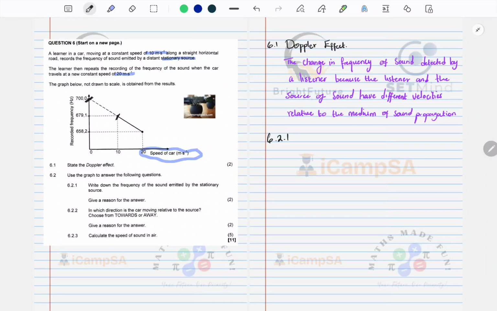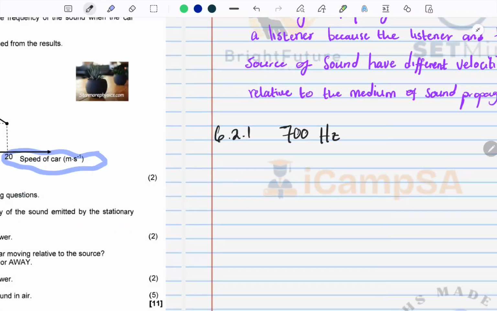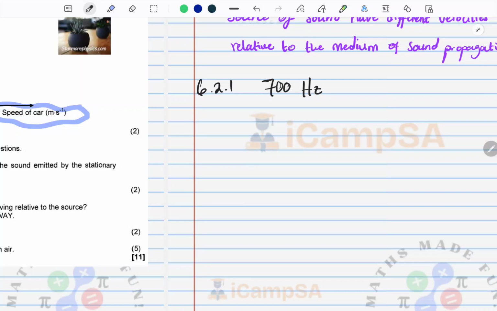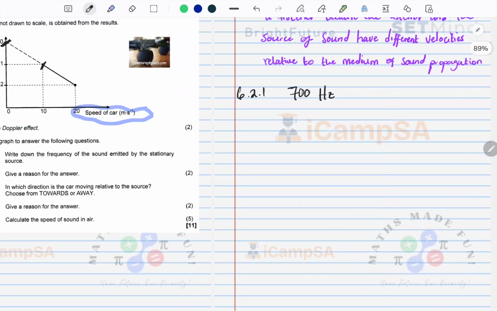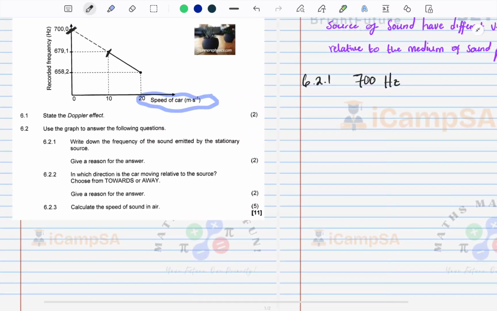So that means that is the original frequency that is emitted by the source, because both of these objects, the listener and the source, were not moving at this point, okay? So that would be your 700 hertz, okay? Now your reasoning would be, because this is the point where both of these two were not moving, okay? This is when they were stationary.